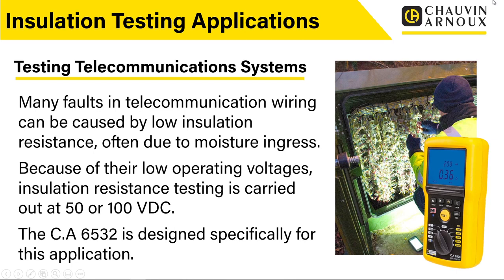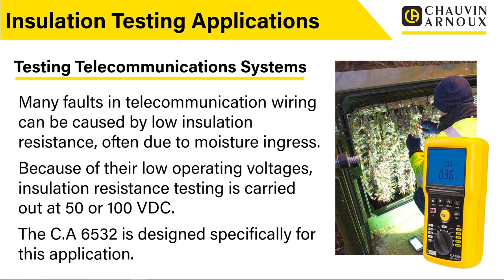We actually have a product specifically designed to do this. Some of the other products have got the 50 volts and 1,000 volts on them, but we've got this CA6532, designed specifically for telecommunications applications. It's got a few extra features on there as well, and I think it'll work out approximate cable length and things like that too.